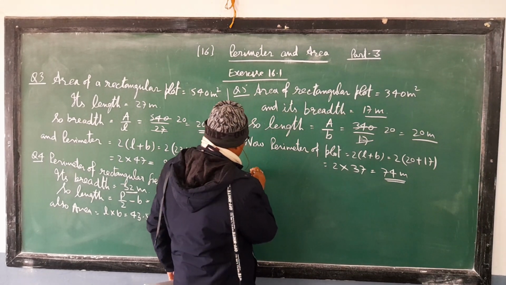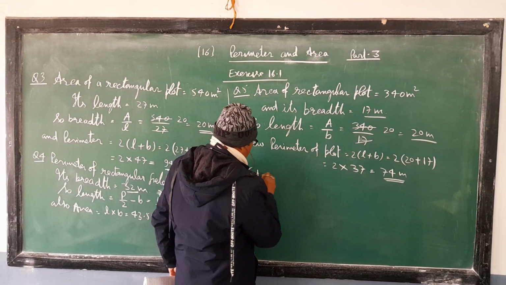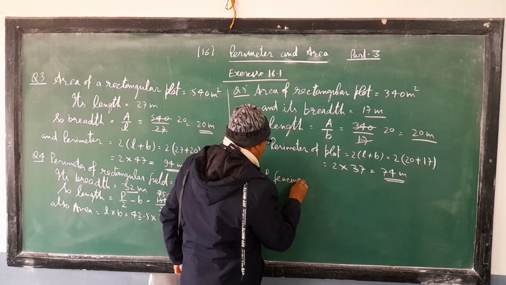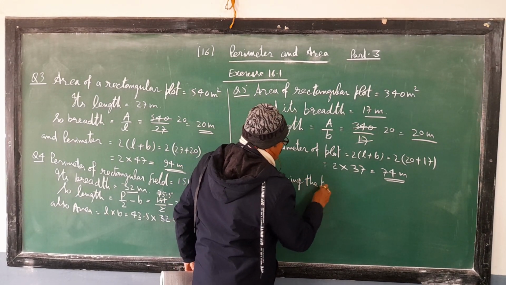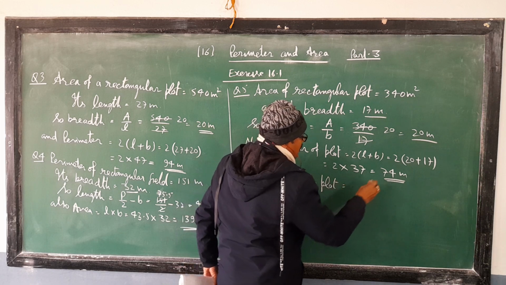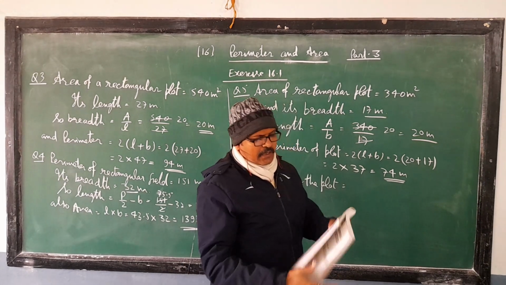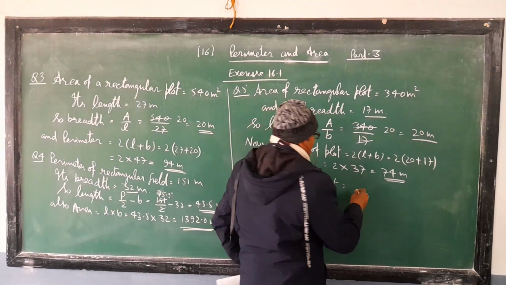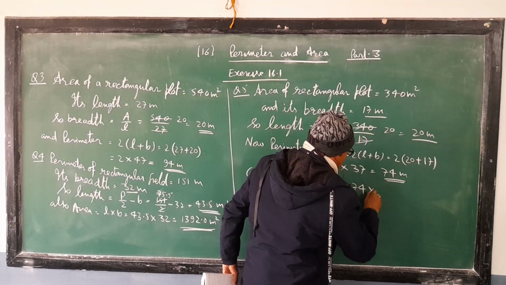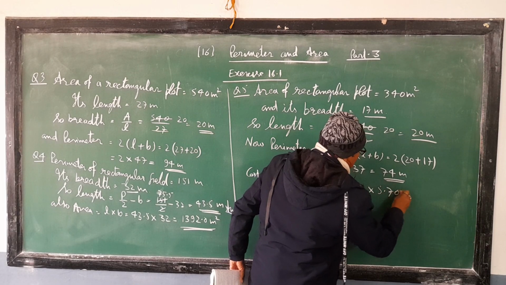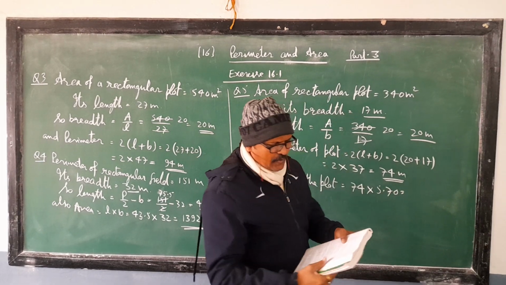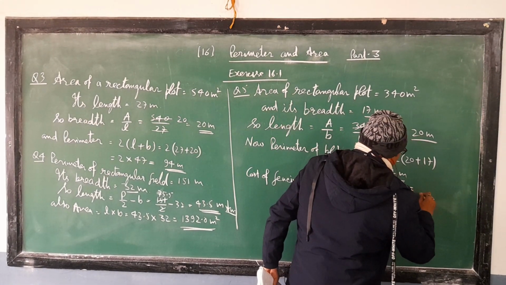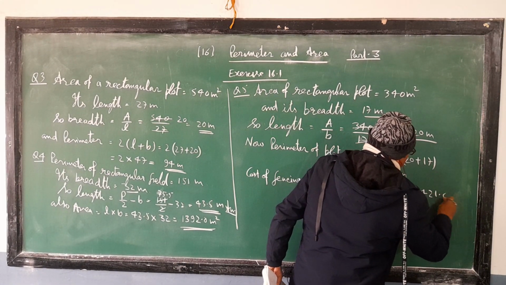Cost of fencing the plot. This is the perimeter and cost per meter is given rupees 5.70. 74 will multiply by 5.70, then it will come 421 rupees and 421.3.